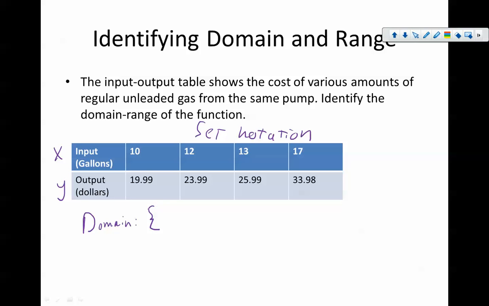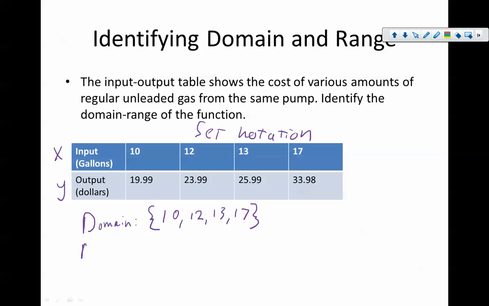We've got a little hump, a spike, and then a hump. And then we're going to make a list of all of the inputs: 10, 12, 13, 17. And then I'm going to close that brace, hump, spike, hump, and that's it. That's my domain. I have identified the domain. The domain is all of the inputs. I input 10, 12, 13, 17 into the function, and that's all I have.